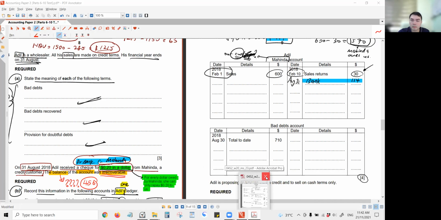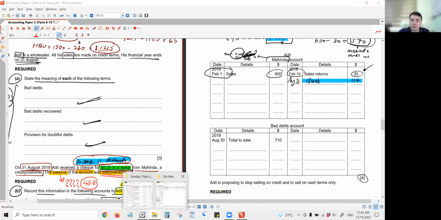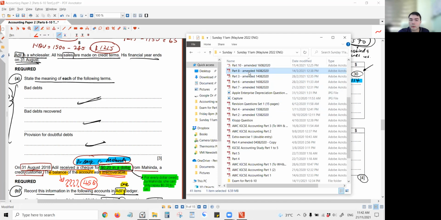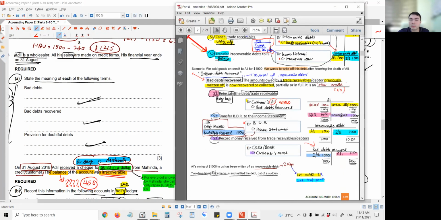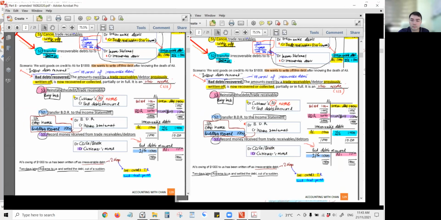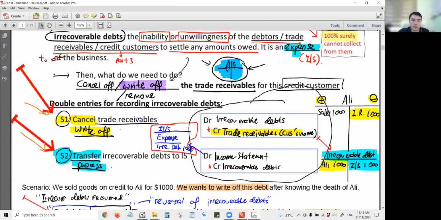Let me show you, to let you recall how you should record irrecoverable debt. There are two steps involved. First step, you remove the trade receivable: you credit the customer's account, then debit the irrecoverable debts account. This first step is about removing the customer's account.